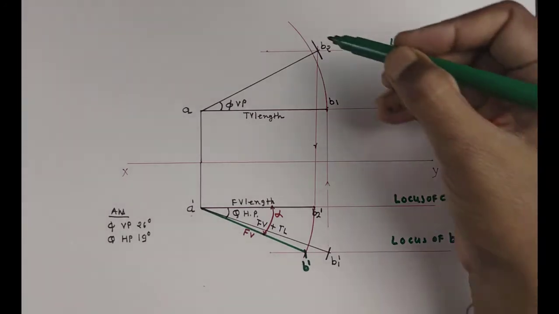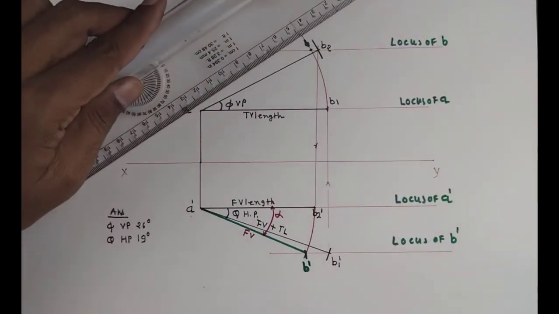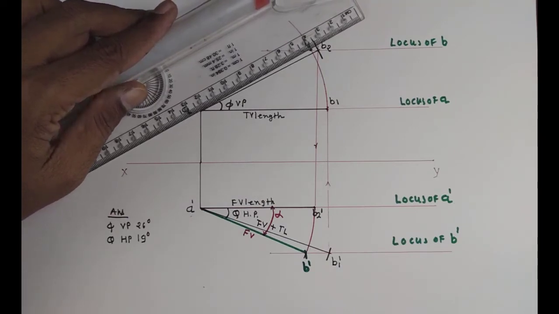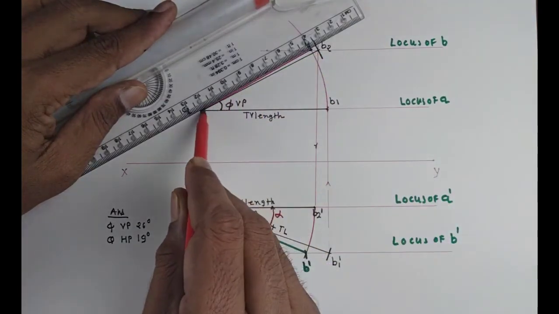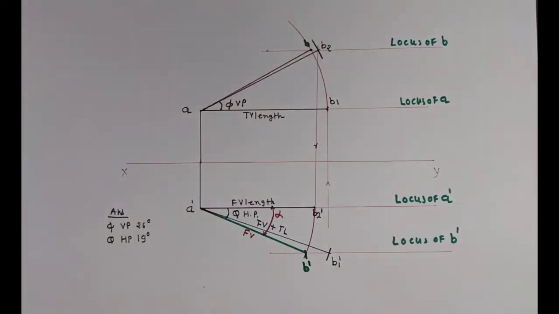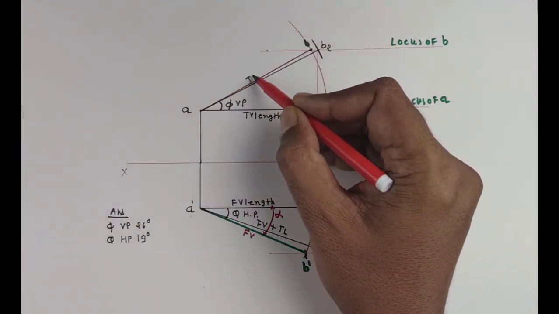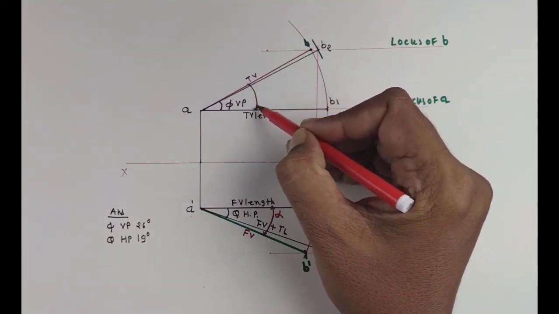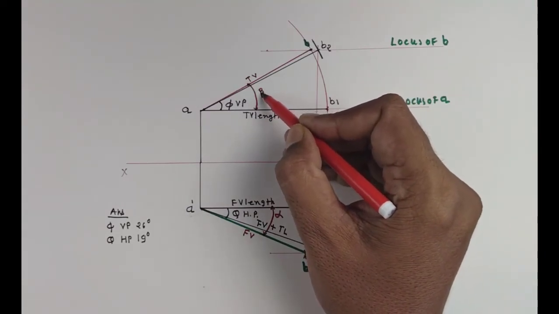Similarly, you have the plan point B. Join your AB and it is called the actual top view. The actual top view is inclined to XY line, and the angle we call beta.